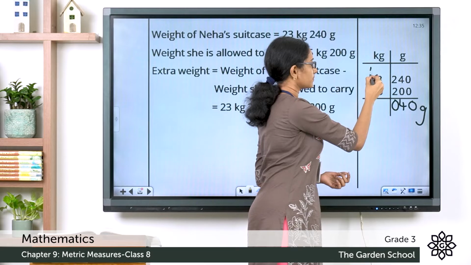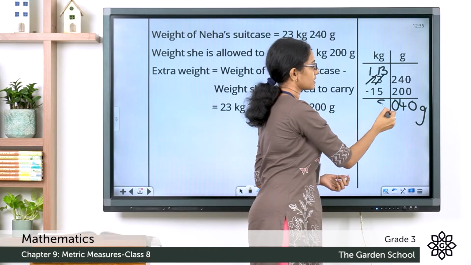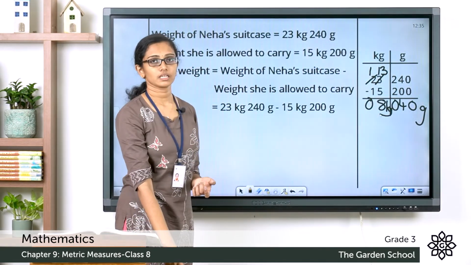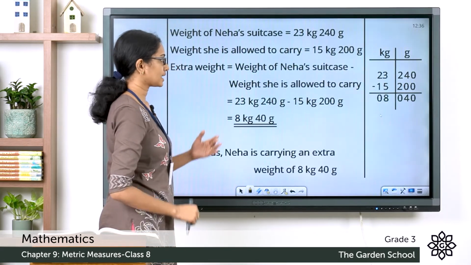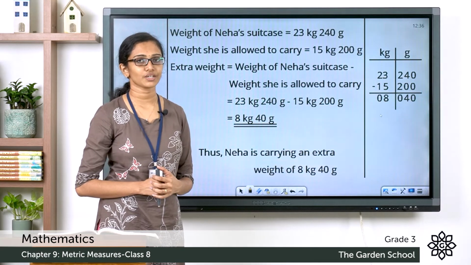So we borrow 1 from here, and here it becomes 13. 13 minus 5 equals 8. Here it is 0. So here it is 8 kilogram. So the extra amount of weight she is carrying is equal to 8 kilogram, 40 gram. Hope this question is clear to you.